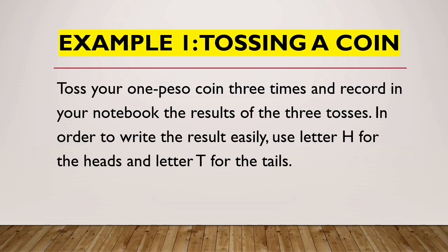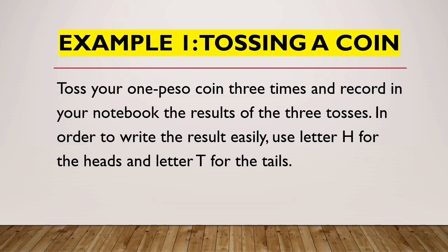In order to write the result easily, use letter H for the heads and the letter T for the tails. Example, you toss a coin first, and it appeared to be a head. So you write letter H first. Then second time you toss a coin, it appeared to be a tail. So you write letter T. And the third time you toss a coin, it appeared as head. So you write letter H.